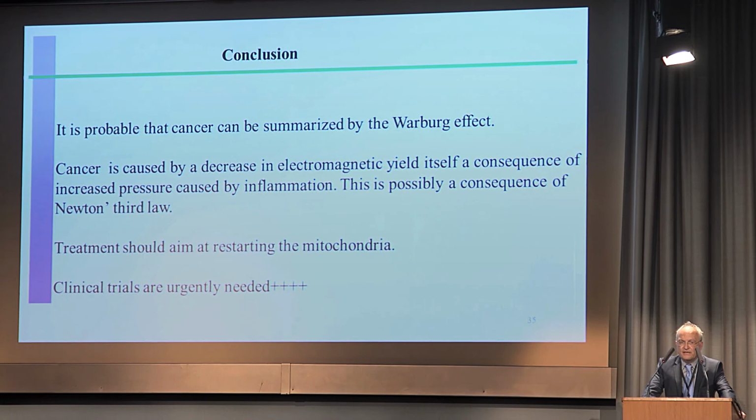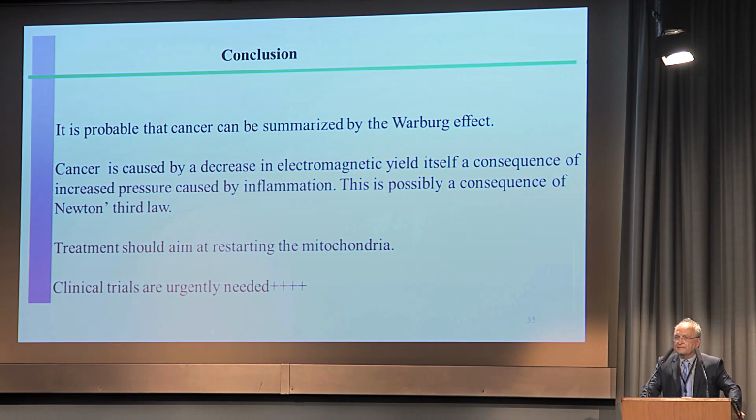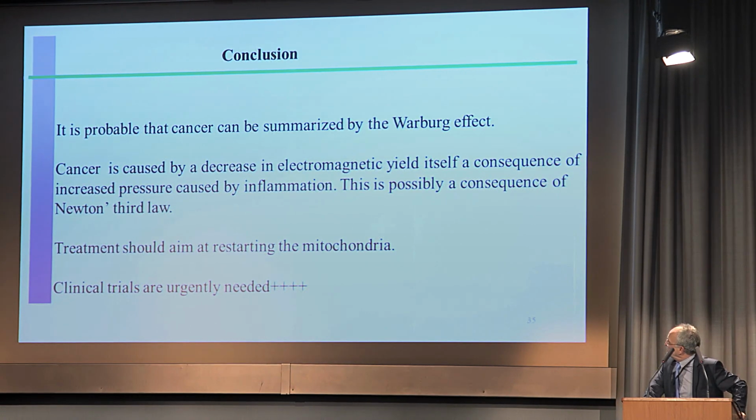Cancer is caused, or is mostly caused, by increased pressure which turns off the mitochondria and the cardiolipin of Professor Seyfried. The increased pressure caused a decrease in mitochondrial activity, probably caused by inflammation. For the ones who love physics, it's not too far from Newton's third law.